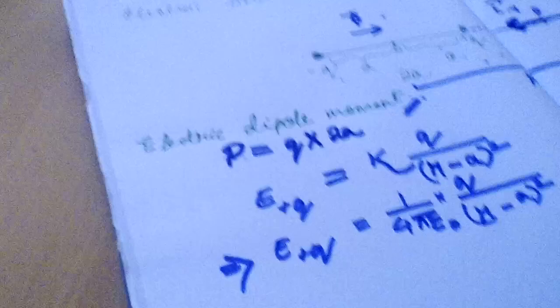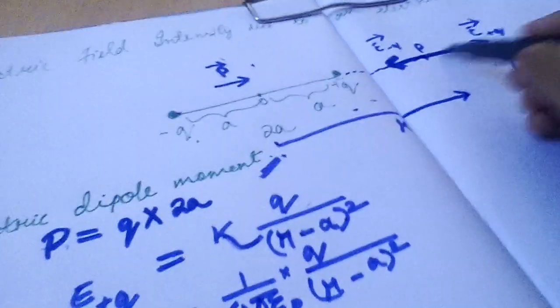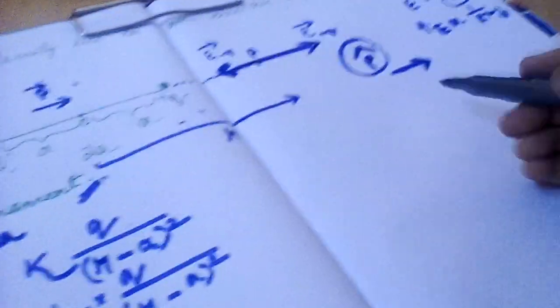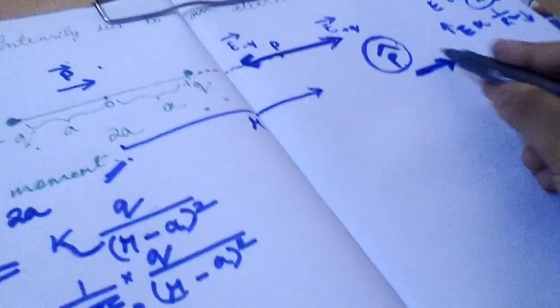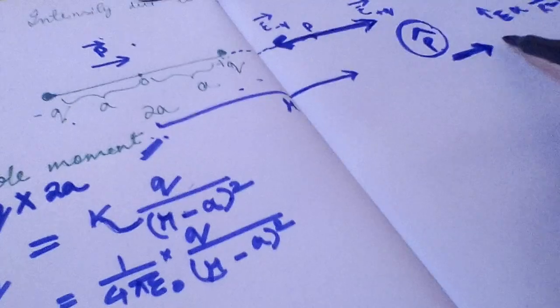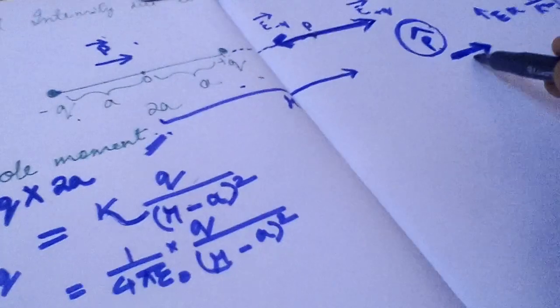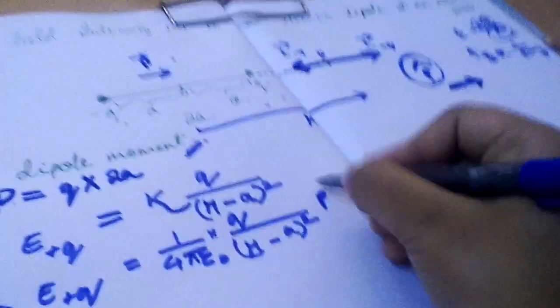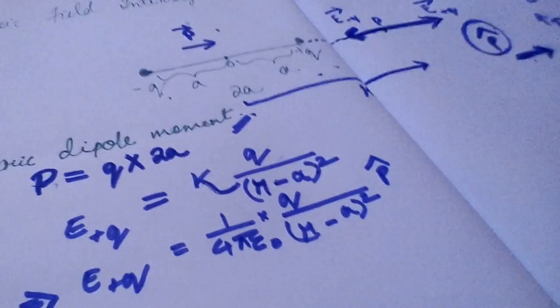Done. Now if we have to arrange this vectorially, E plus q. As I have already discussed, the direction of this particular electric field is rightward, and the direction of the unit vector along electric dipole moment in this particular arrangement is also rightward. So these two are same directed, and hence we can write here p cap unit vector. First of all, it's a unit vector, so magnitude is 1, but the direction is what matters.